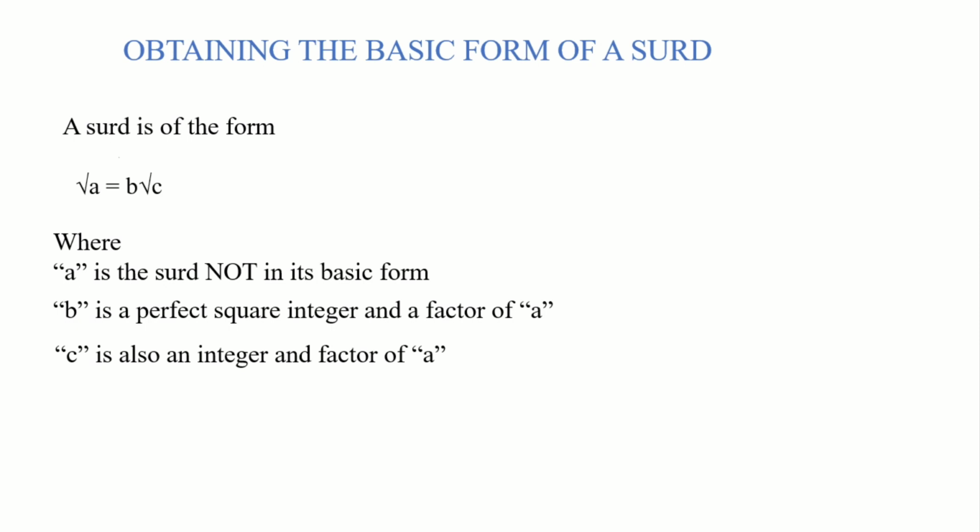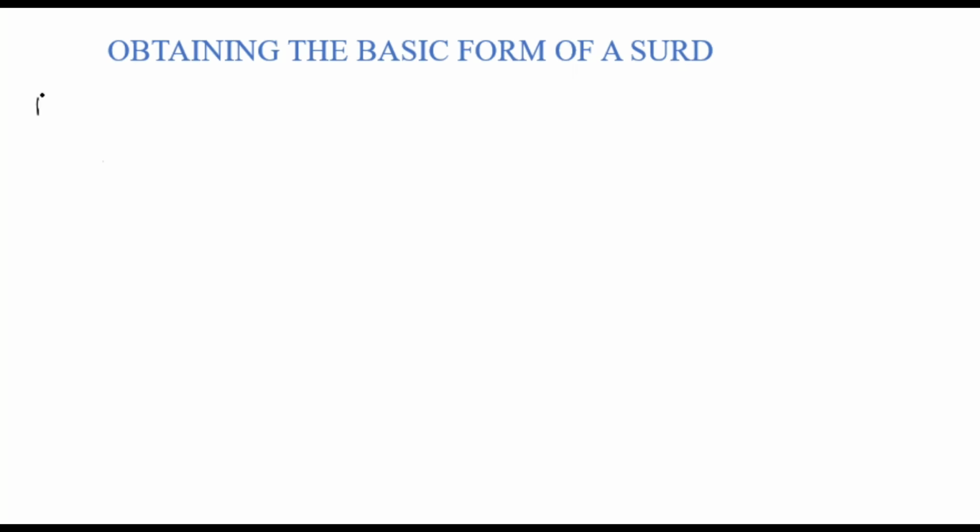So let's move on to example 1. Example 1. Square root of 108. Now over here, our set form, as we discussed, is supposed to be in the form b root c. So over here, you need to make sure you find out factors such that you can get a perfect square integer and another integer.